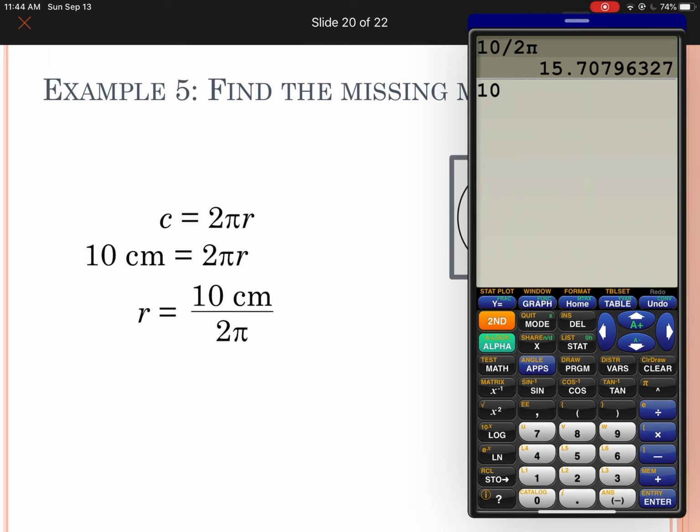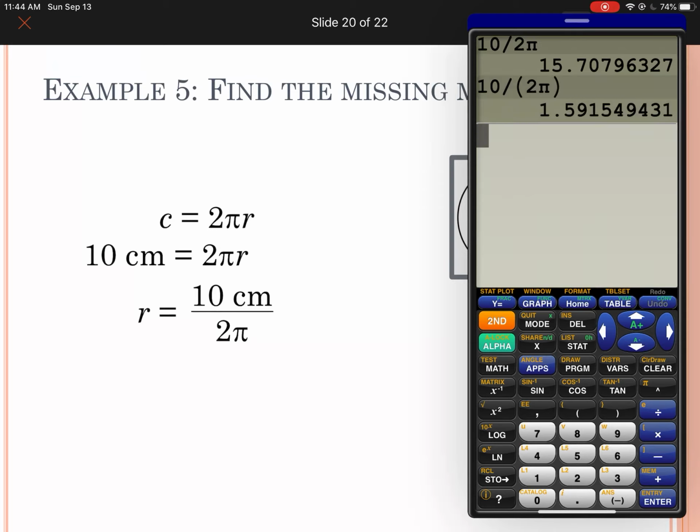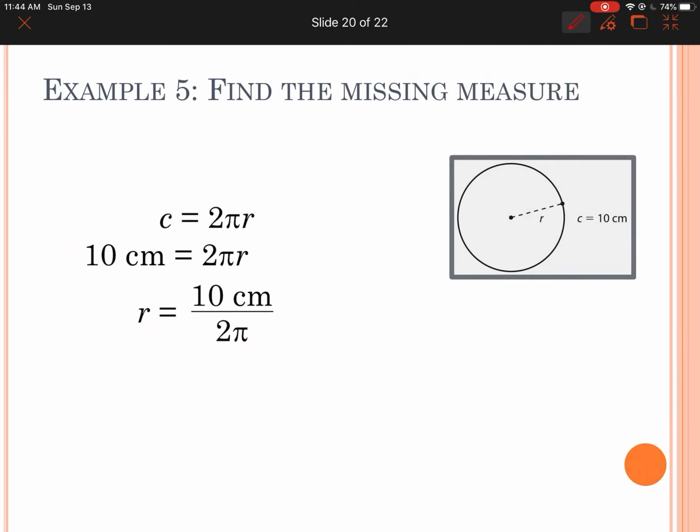So make sure it's 10 divided by, and we have these parentheses, 2 pi. And so now it's multiplying 2 times pi first, and then 10 divided by that, and that will give us 1.59, which is the radius. 1.59 centimeters.